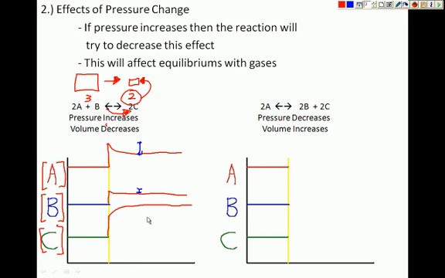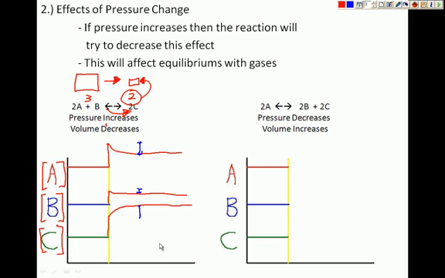And this distance should be the same as this one, because for every 2 particles that this decreases, this increases by 2 particles. So these differences should be proportionately the same.